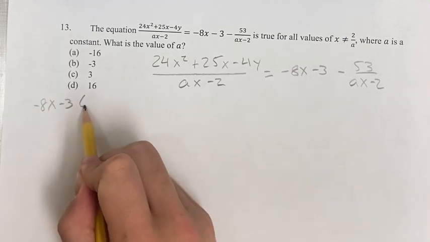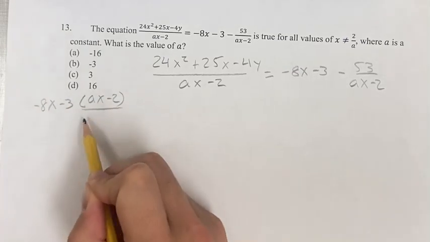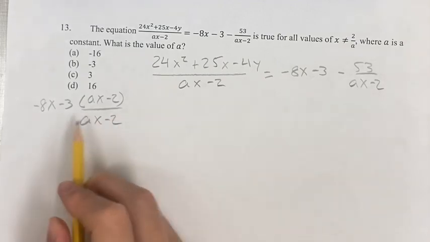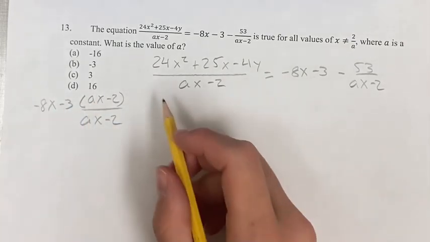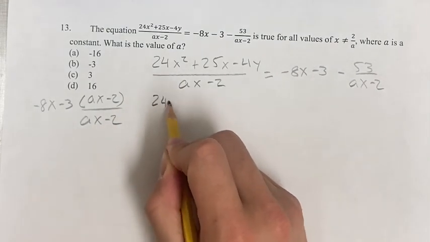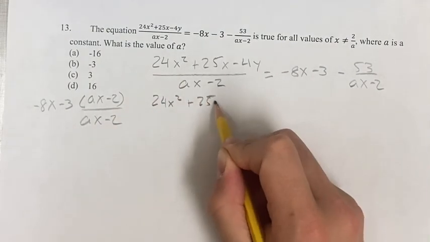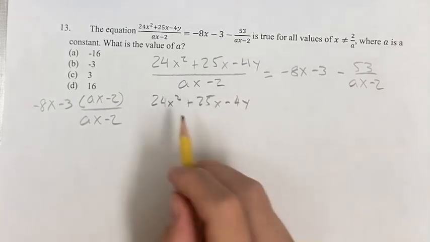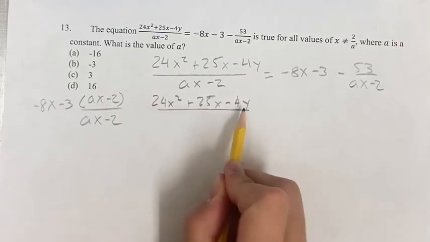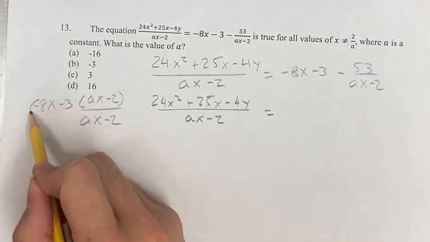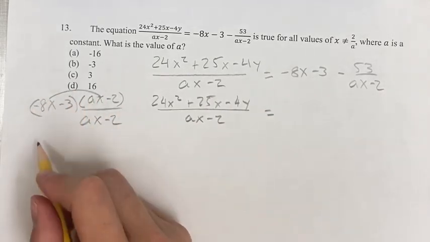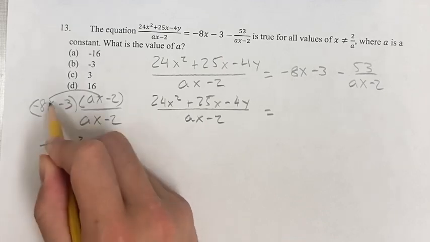If we multiply that by ax minus 2 over ax minus 2, then we'll have a denominator of ax minus 2, and then we'll have whatever we have on the numerator. So therefore, we'll have 24x squared plus 25x minus 4y over ax minus 2 is equal to, and we can just calculate this over here, distributing, we're going to have negative 8ax squared.